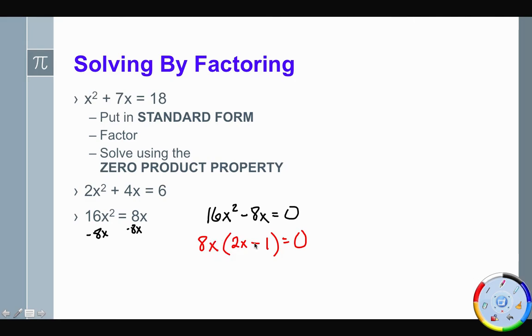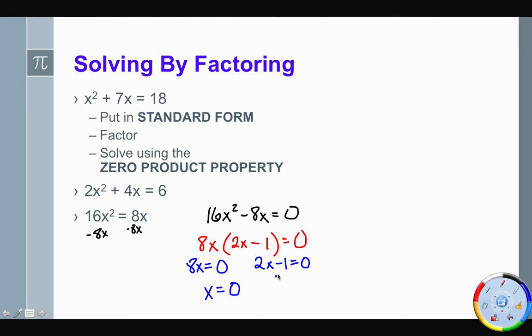All right, now we have two things multiplied together to be 0, so we can use the zero product property that says that 8x is equal to 0, that first piece, and it says that 2x minus 1 is equal to 0. So here, if I divide both sides by 8, I get x is 0.